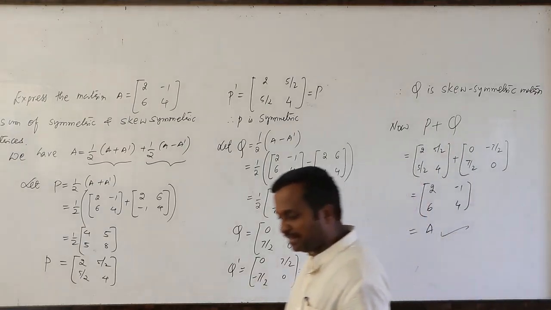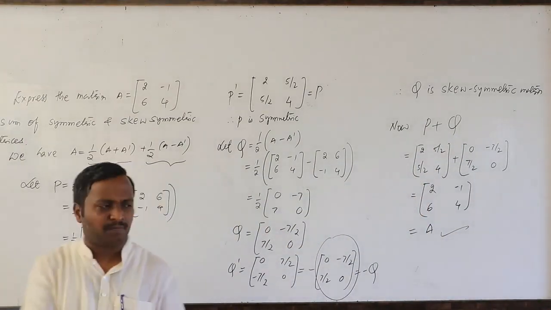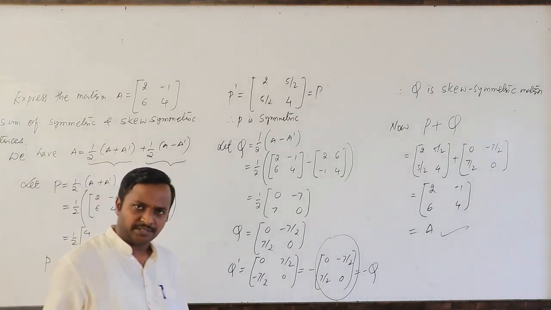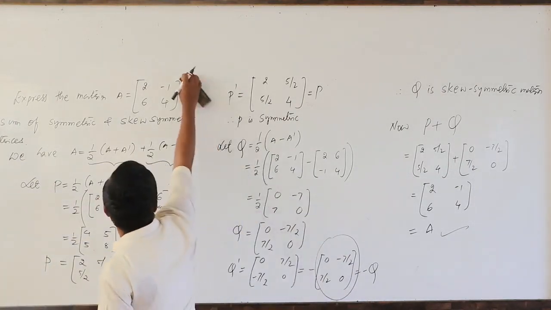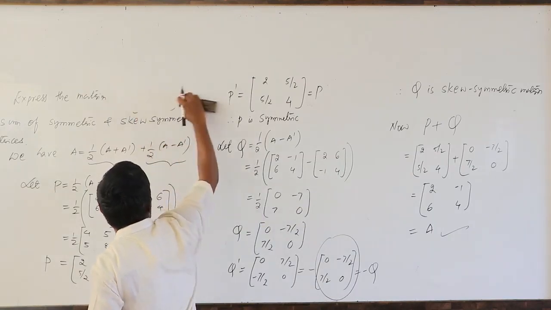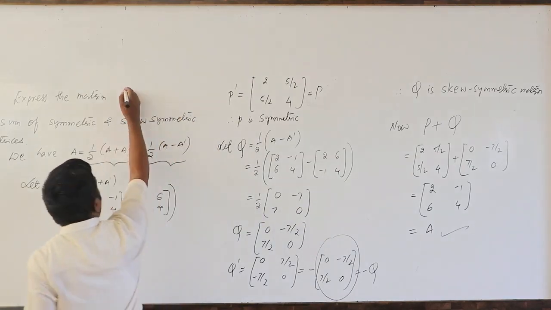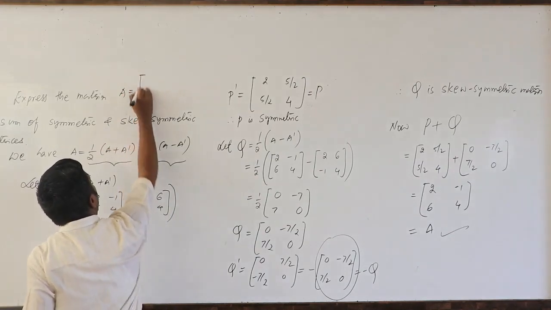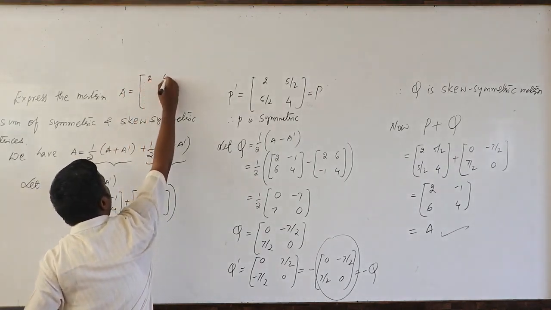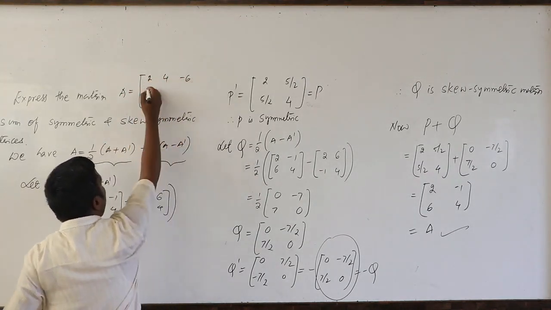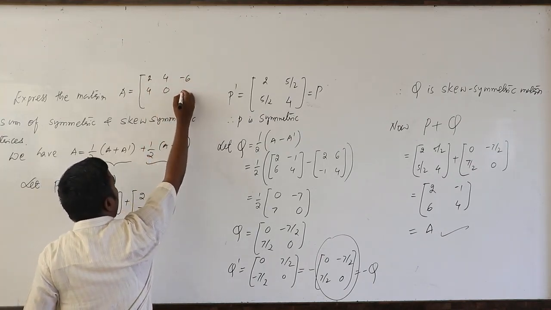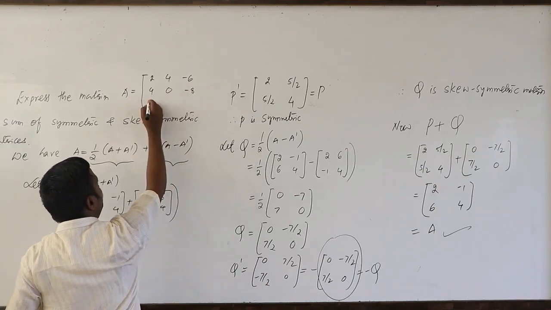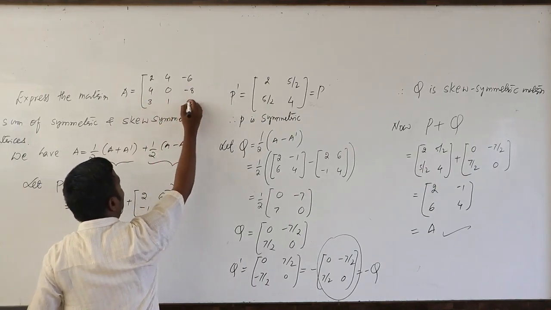This is ideal. If you practice one more example of order 2, you will get a clear idea. Okay, I will not take that 2 cross 2, I will take a 3 cross 3 matrix. Take any square matrix: [2, 4, minus 6; 4, 0, minus 8; 3, 1, 5].